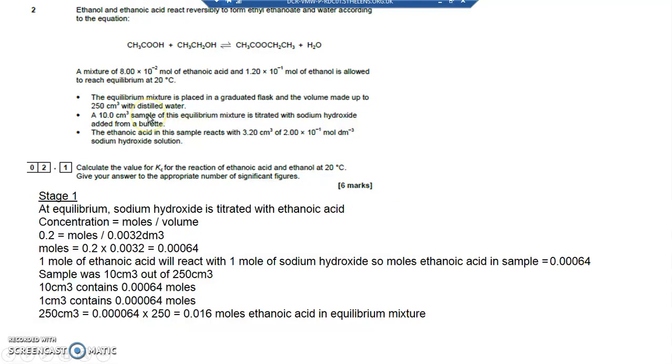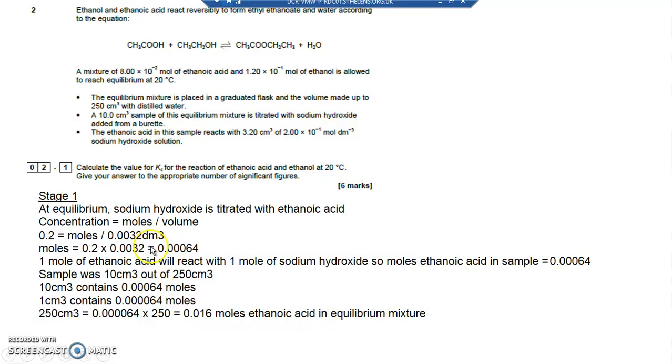Now when we take a sample, it means we're taking a small part from the mixture. We had 250 centimeters cubed of the mixture and we took 10 centimeters cubed. So the sample of only 10 centimeters cubed contains 0.00064. By a little bit of maths I can divide by 10 and 1 centimeter cubed would contain that amount. So for 250 centimeters cubed, the original sample, multiplied by 250, there are 0.016 moles of ethanoic acid in the equilibrium mixture.